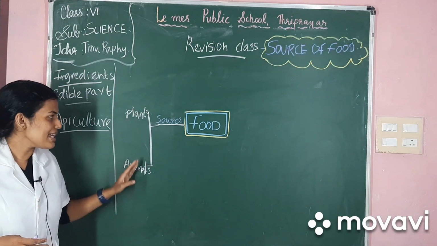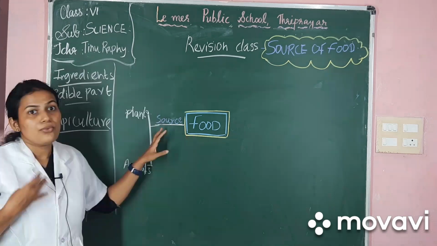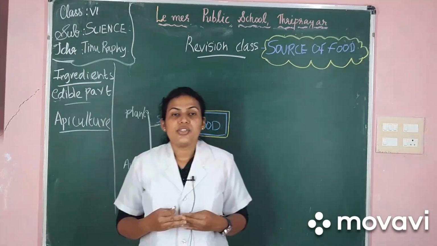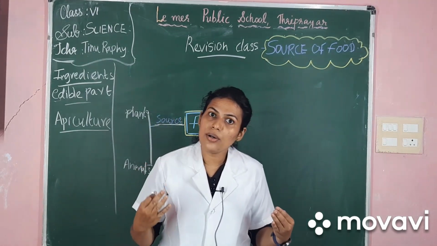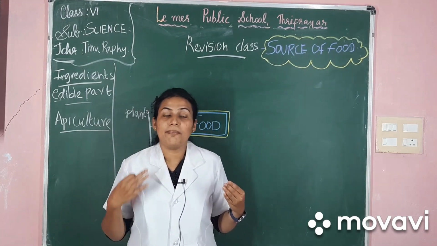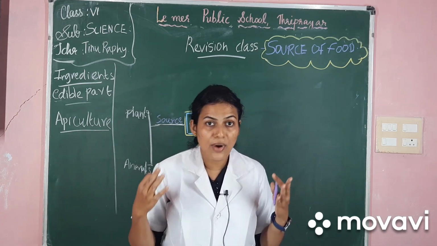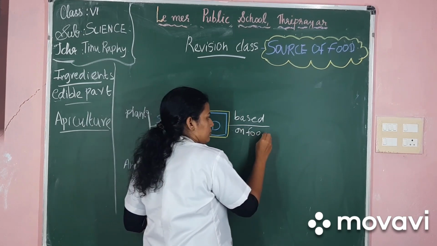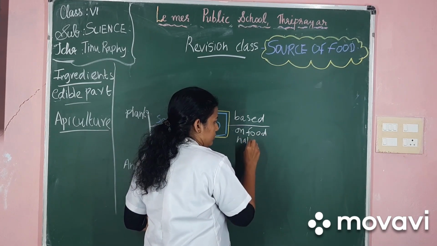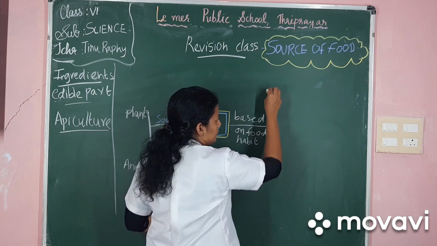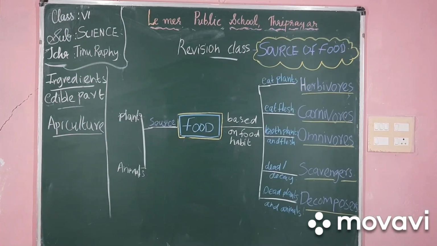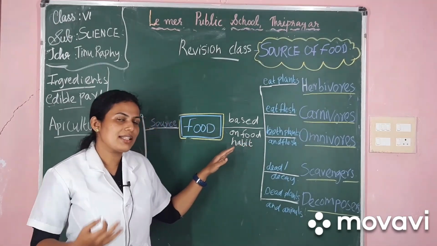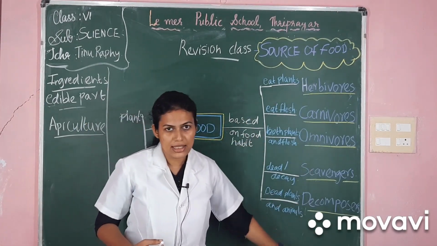So, now the plants and animals are a source of food for humans like us. Now, what do these animals eat? So, children, we have learned that based on the food they eat, the animals are classified into 5 categories.